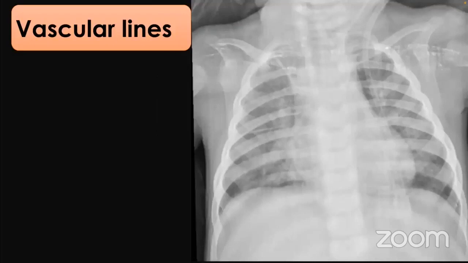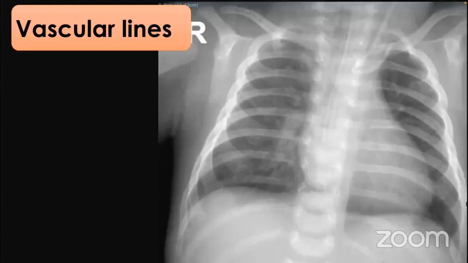And the feeding tube is seen at a high position by the dark blue lines. And here another central line, malpositioned as well. The tip is seen in the subclavian vein. And the feeding tube is high as well.